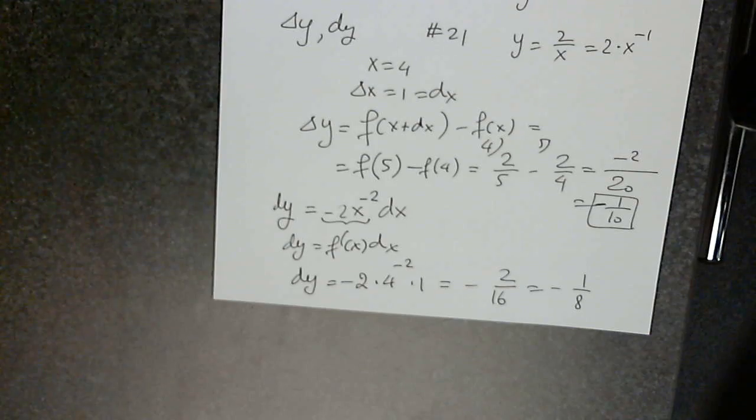There is a difference because delta x is huge. 1 is huge. That's why we see this difference of 0.025. But if for the same function I'm looking at 0.01, then the difference will be much smaller between the two.